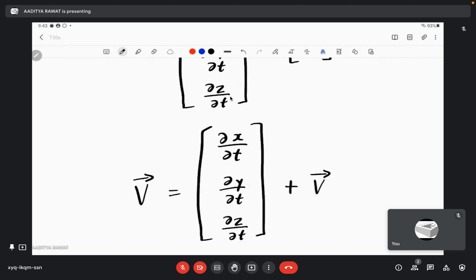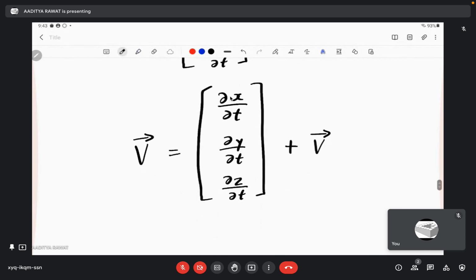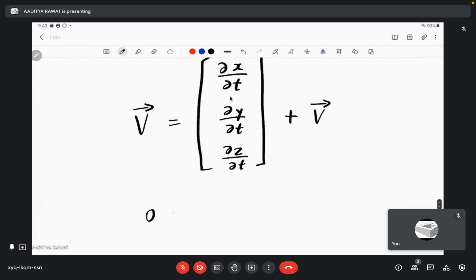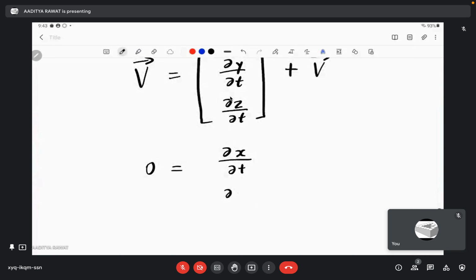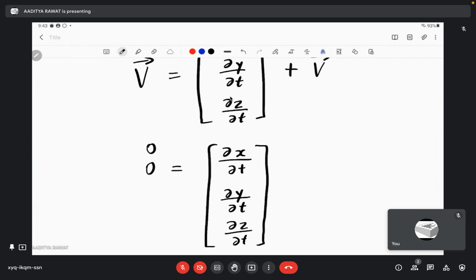So why is this interesting? Because this gives us 0 equals del x by del t, del y by del t, del z by del t. This entire expression becomes the 0 vector. This is not a scalar 0, this is the 0 vector. So you can also write 0, 0, 0.